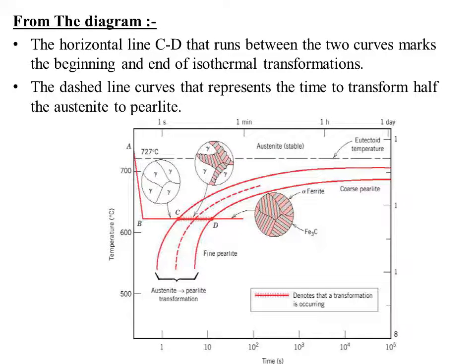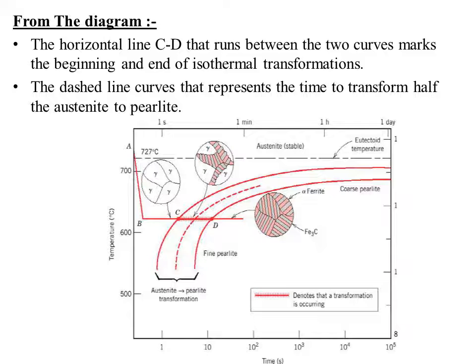From this curve, it is the same. You can see the same graph here. The horizontal line CD that runs between the two curves marks the beginning and end of the isothermal transformation. The dashed line curves represent the time to transform half of the austenite to pearlite.